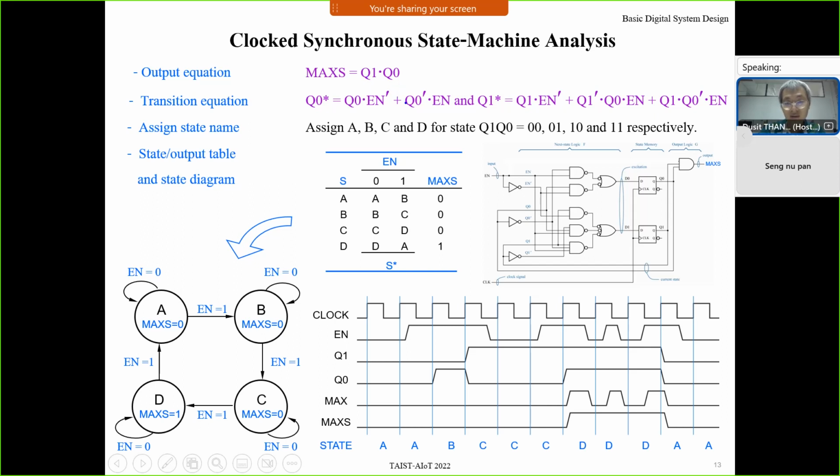And because the output is based on only state variables, you can write the output in this style, namely at state A output is 0, at state B output is 0, at state C output is 0, at state D output is 1. Depends on only state, not on input value.